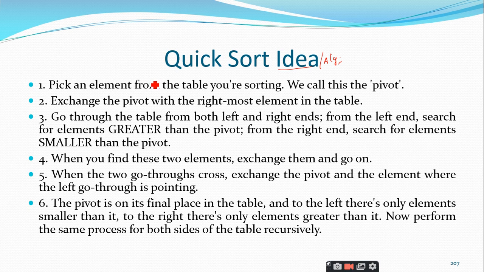The first and foremost step for the quicksort algorithm is to find the pivot element, or to select the pivot element. You will be having the list of unsorted elements which is inputted by the user, and from that list of unsorted elements you have to designate one element as the pivot element.